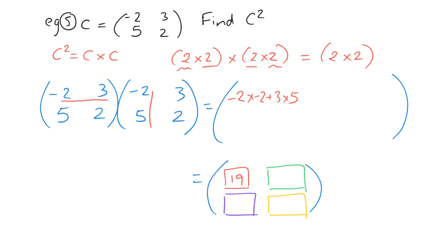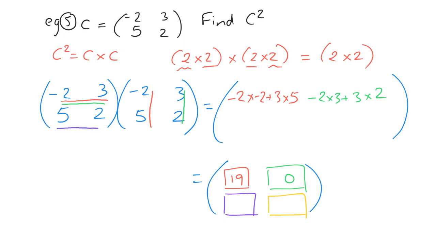The green box then is in the first row and the second column, so we multiply the first row by the second column. So that's minus 2 by 3 plus 3 by 2, so we get minus 6 plus 6, and we get 0.